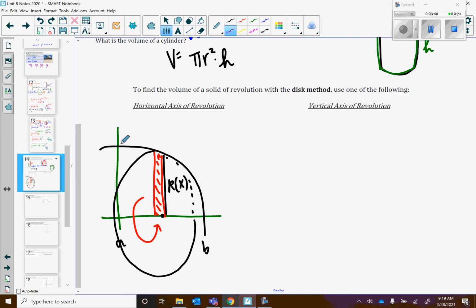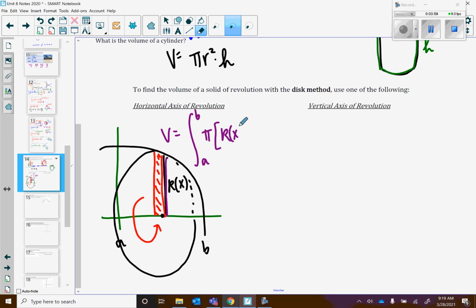So to find this volume, I'm going to take the integral from a to b. We are adding up all of these areas, and the area of this circle would be pi times our radius squared, and of course this is with respect to x.